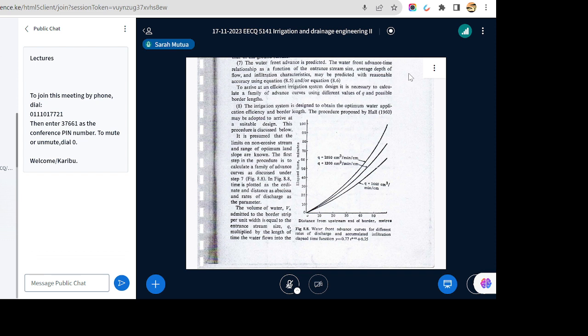So you have to develop them first, so that if you have a certain stream, you see if you have different streams, like this one is lowest flow, higher, and then highest. If the stream that you plan to apply does not lie on any of them, you can easily interpolate between these curves.